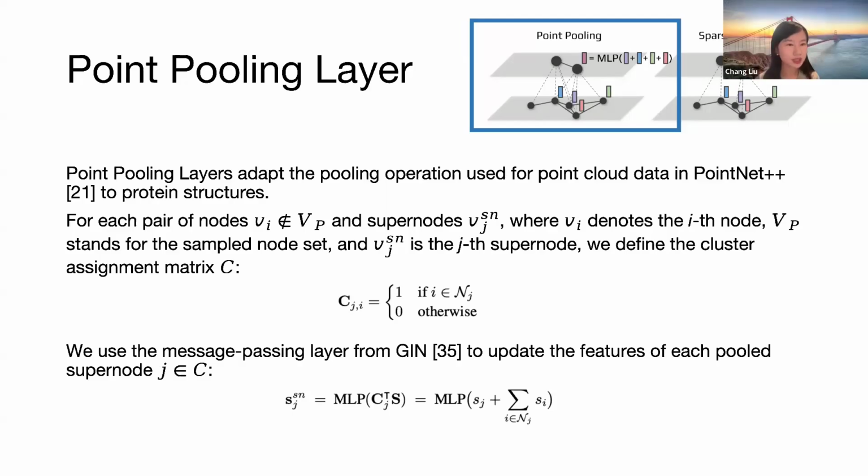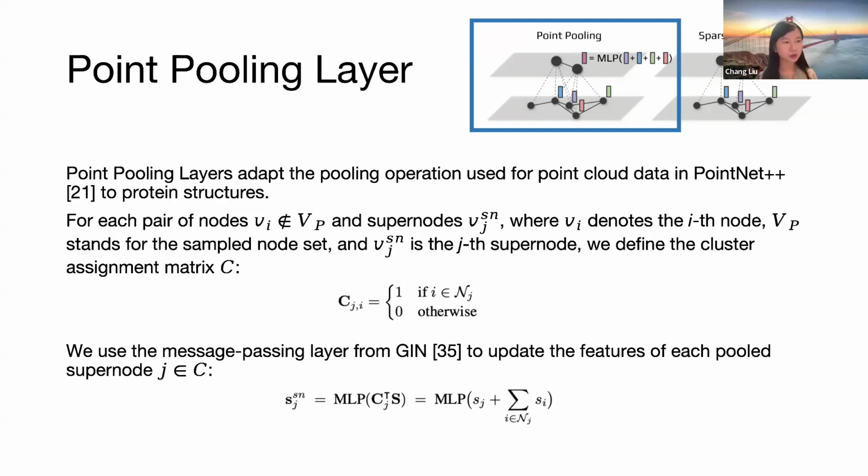In this case, we leverage the sampling algorithm named FPS, the farthest point sampling. This algorithm aims to sample as evenly as possible over the whole graph.